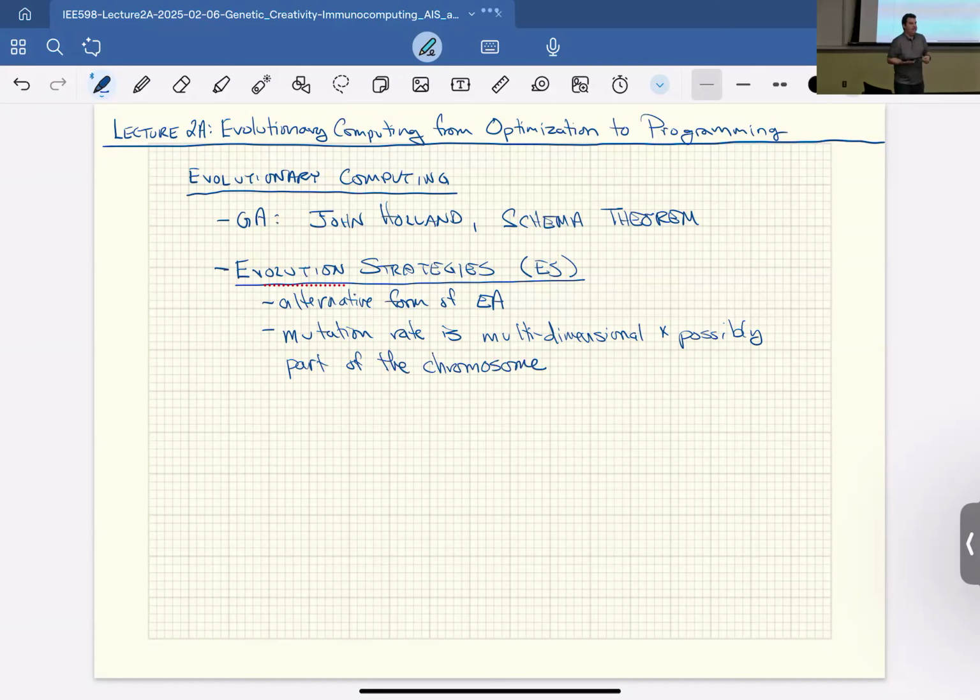So they did have an idea of a decision vector, which would be all of your decision variables. Like, how many wheels does my robot have? What material are they made out of, those sorts of things. All that would be part of your decision vector.